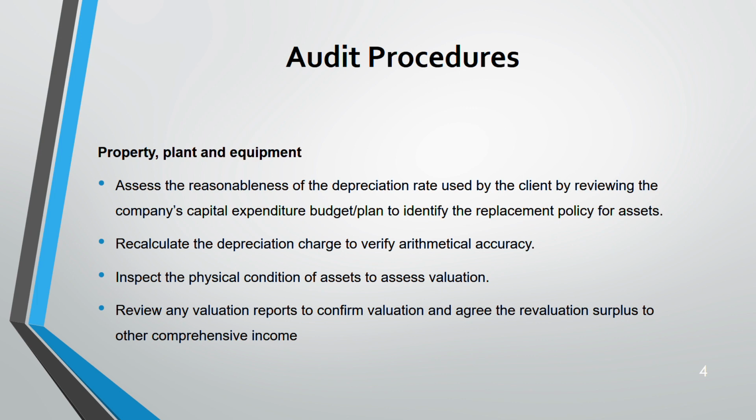Same for the other elements that we are going to go through. At the end of this lecture, when we go through the exam technique, I've listed them in 4 stages. Whatever I'm saying right now, those are the 4 steps: audit procedure, source of audit evidence, assertion that you're testing, and your SBR knowledge.